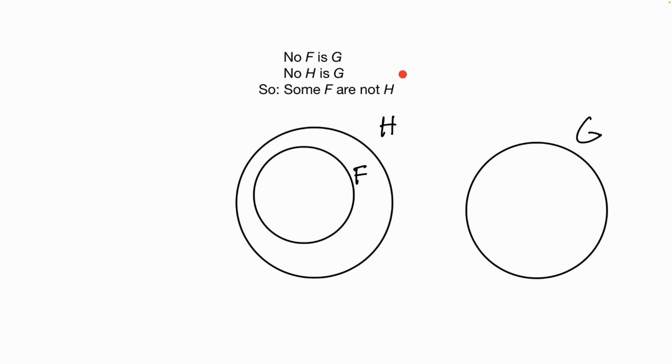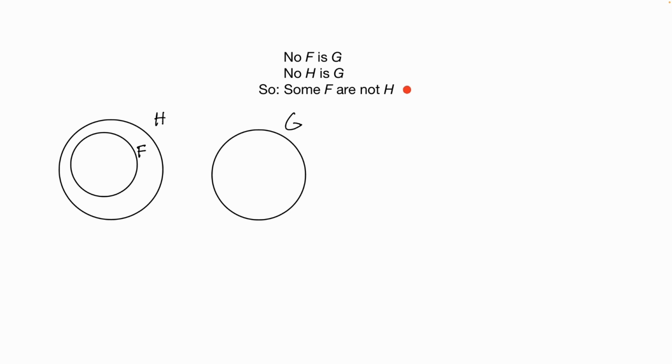One way to further confirm that this isn't a valid form of reasoning is to give a specific concrete inference that has this form that isn't valid. So let's try to do that. Okay, so first let me try to create a conclusion of this form that is in fact false. Some F are not H, so I want to have a conclusion like this that's false.